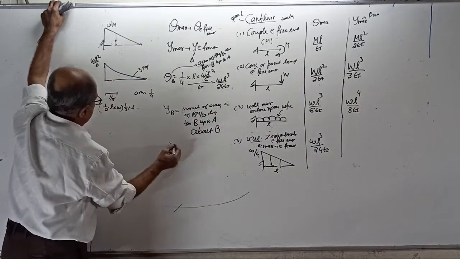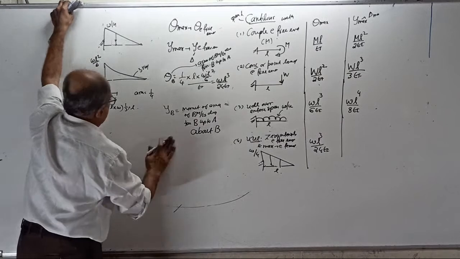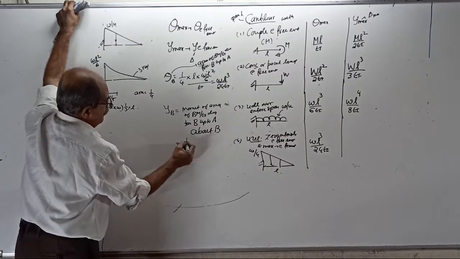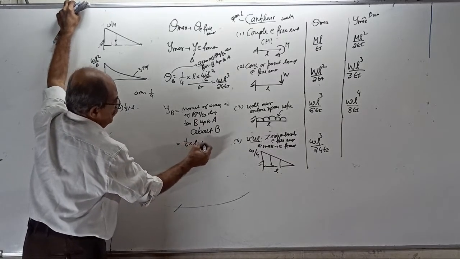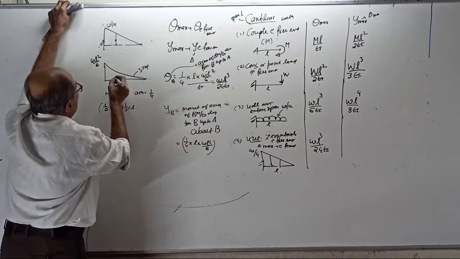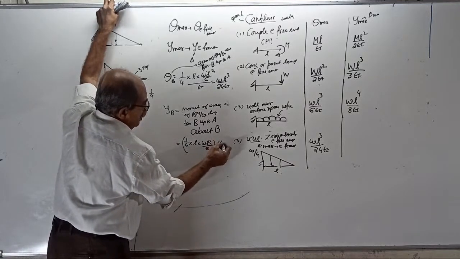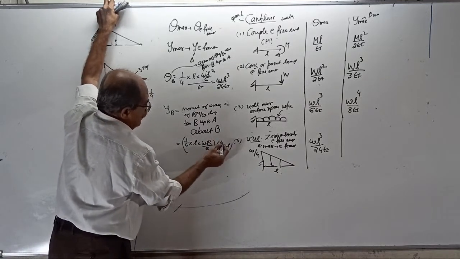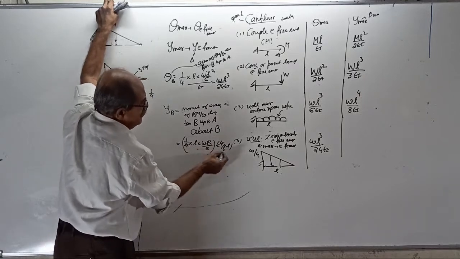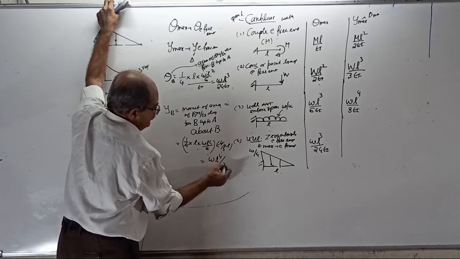What is the area? Half into L into W is the total area, equal to 1 by 4 into L into WL square by 6, the area, into its CG from here. This is 1/5, meaning into 4 by 5 of L. 4 will cancel. It will come WL power 4 by 30EI.